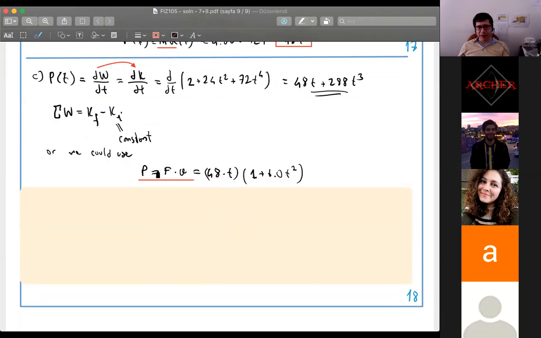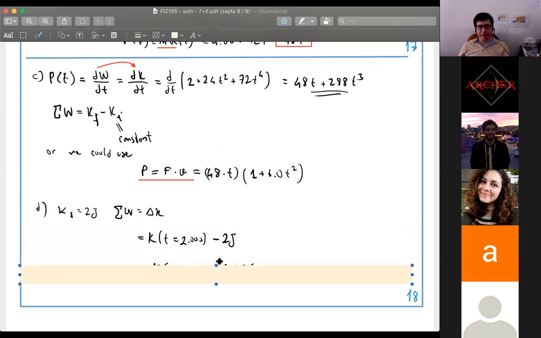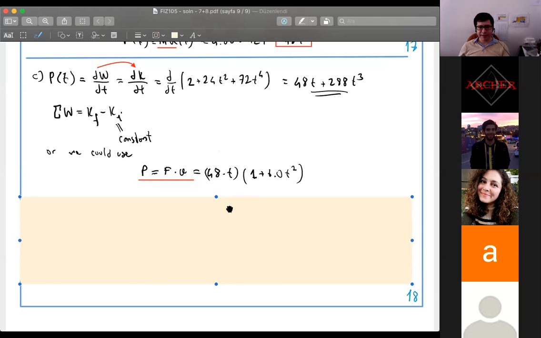Power is also equal to force times velocity. Okay, derivations will be shown in the class. So we multiply, we will find power as a function of time. That's the multiplication.